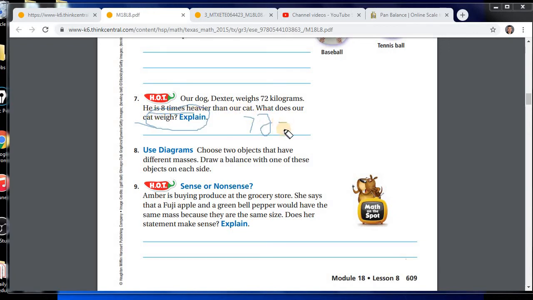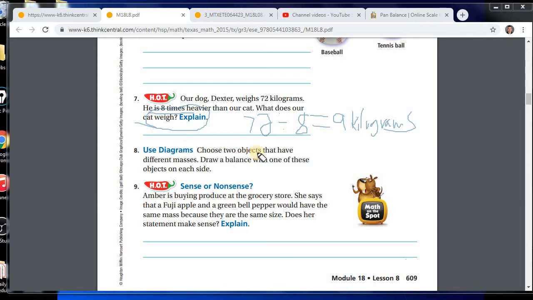If you remember from our last activities in the previous lessons, 8 times more means we divide by 8, so 72 divided by 8 would be 9. It'd be 9 kilograms. That's how much the cat would weigh. So all I did was take the total of the dog and divide by how many times heavier he is, and that gave me the weight of the cat.